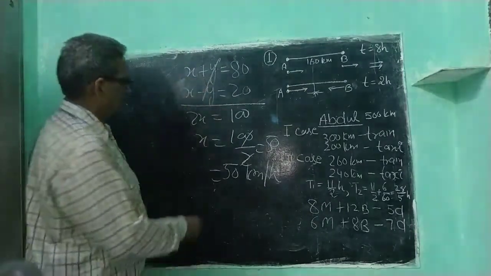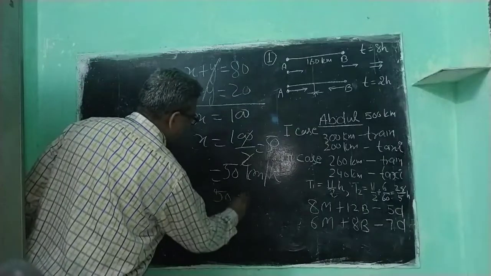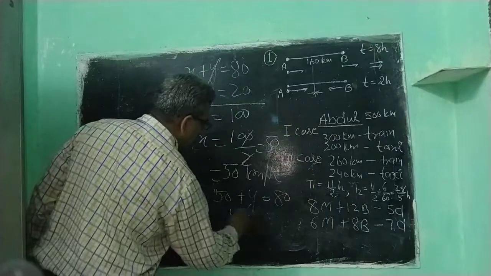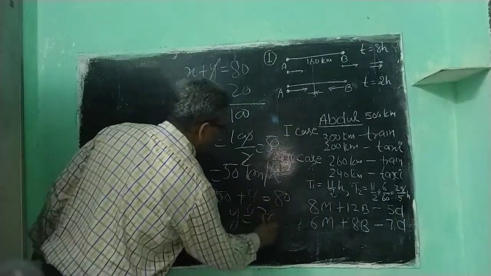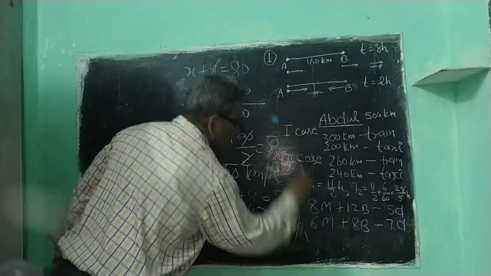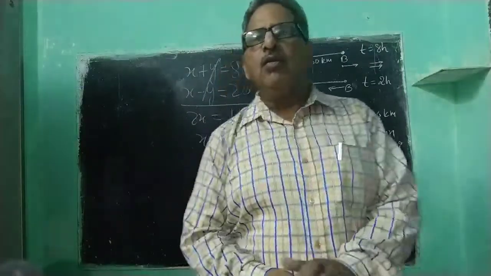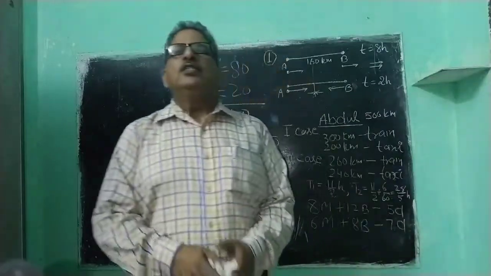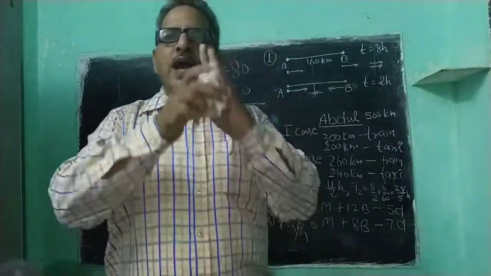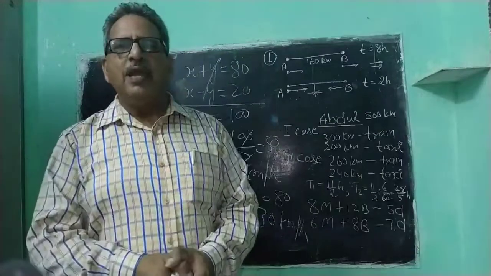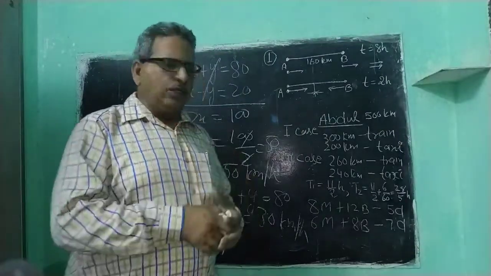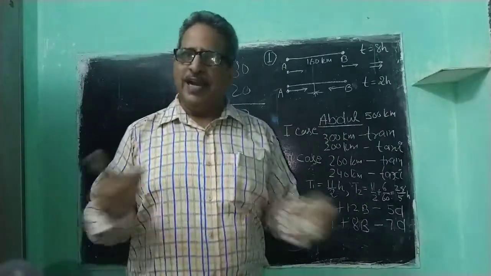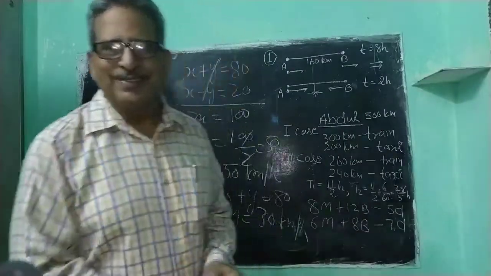We get 50 plus y is equal to 80. So y is equal to 80 minus 50, that is 30 kilometer per hour. So the car which started from B has the speed 30 kilometer per hour, and the car which started from A has the speed 50 kilometer per hour. Clear? Good.